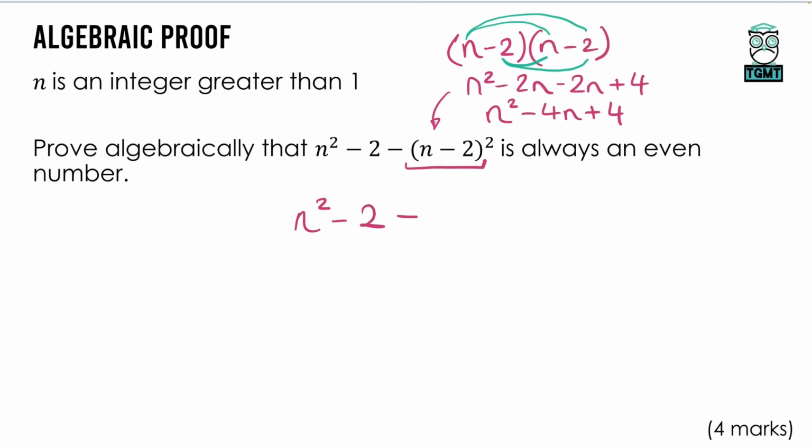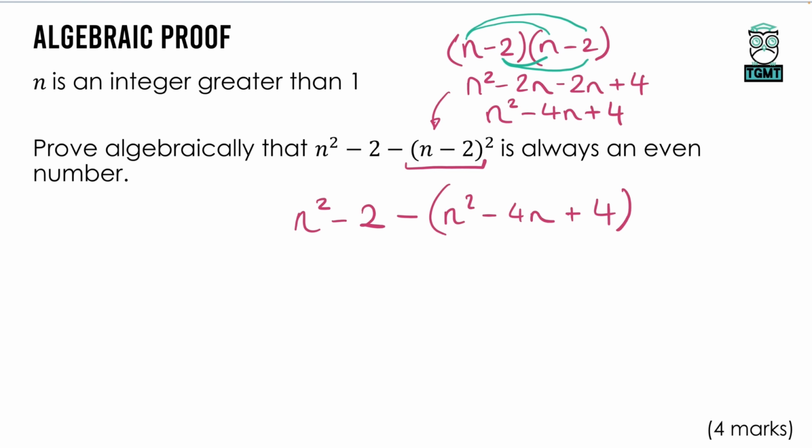If we just write this expression, n squared minus 4n plus 4, we might fall into the trap of only subtracting the n squared, but it's asking us to subtract everything there. So to be safe, the best thing to do is to put this whole thing into brackets, just like it was originally. That's going to remind us to subtract the n squared, to also subtract the negative 4n, and to subtract the positive 4.